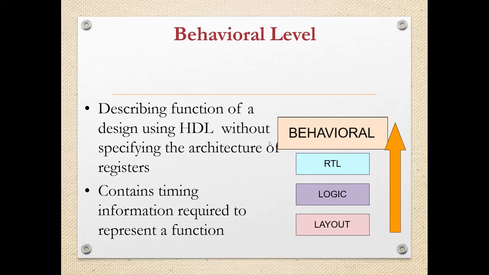How the circuit will behave is written with the help of HDL code. Here we need not go into much detail of the technology and the layout, because it is much more difficult to go from the higher level of abstraction to the lower level. So we will be writing the HDL codes considering the behavior of the circuit.